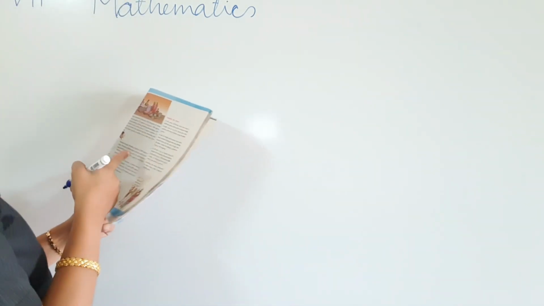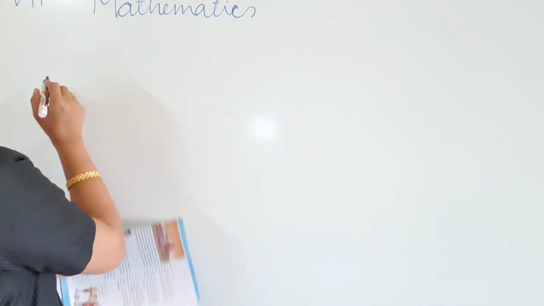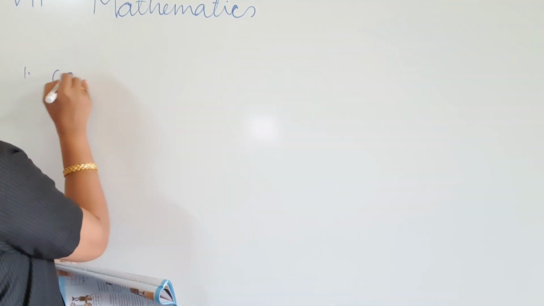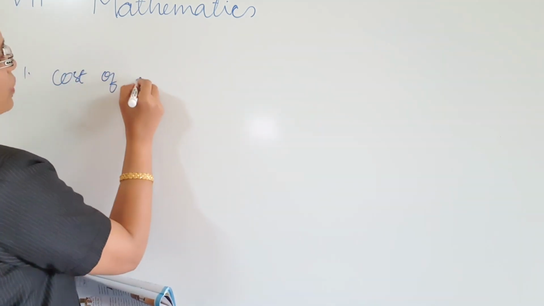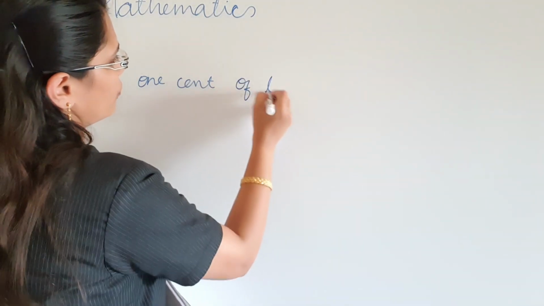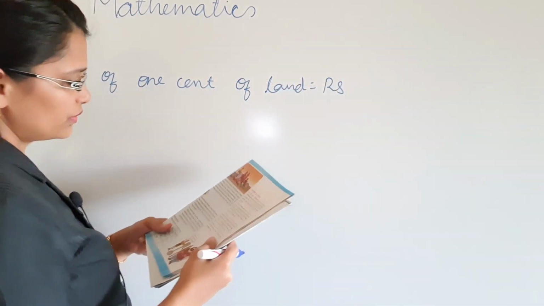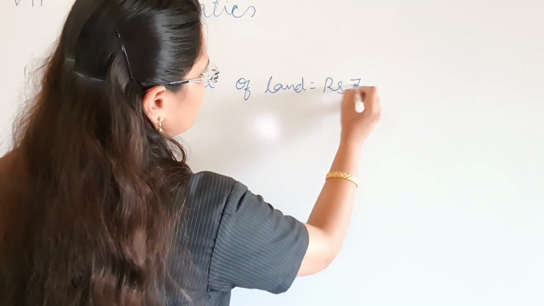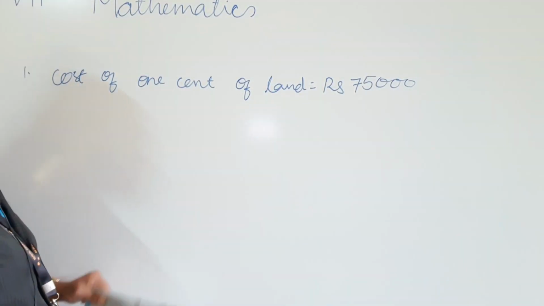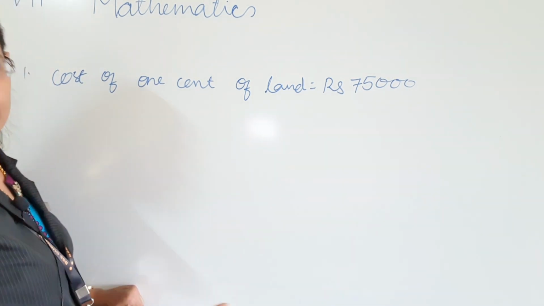So first you have to write: cost of 1 cent of land is equal to rupees 75,000.